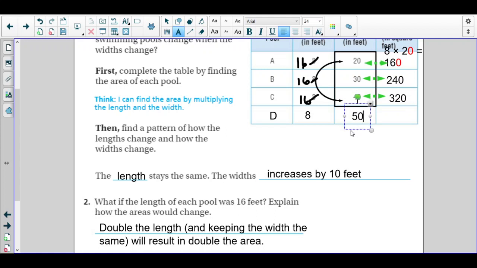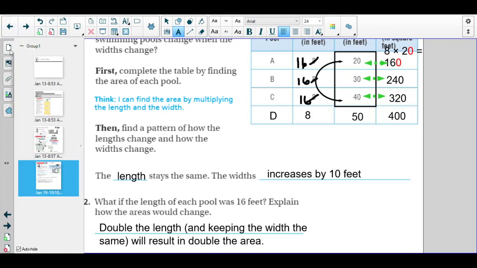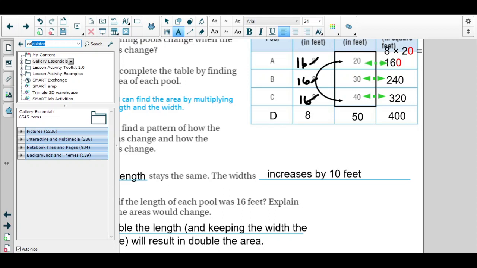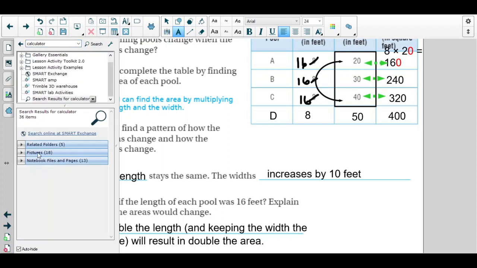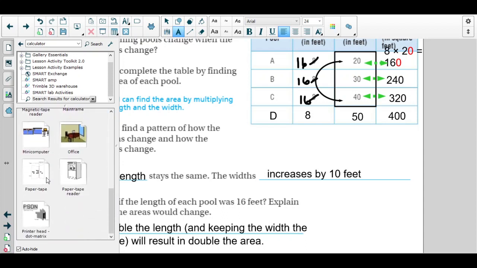All right, so we keep looking at this pattern increasing by 10. Well, 8 times 5 is 40, and then add another 0. So what is the pattern? I've got to tell you, this is kind of driving me a little bit crazy here. Let's see if we can find a calculator here. An interactive calculator would be even better.